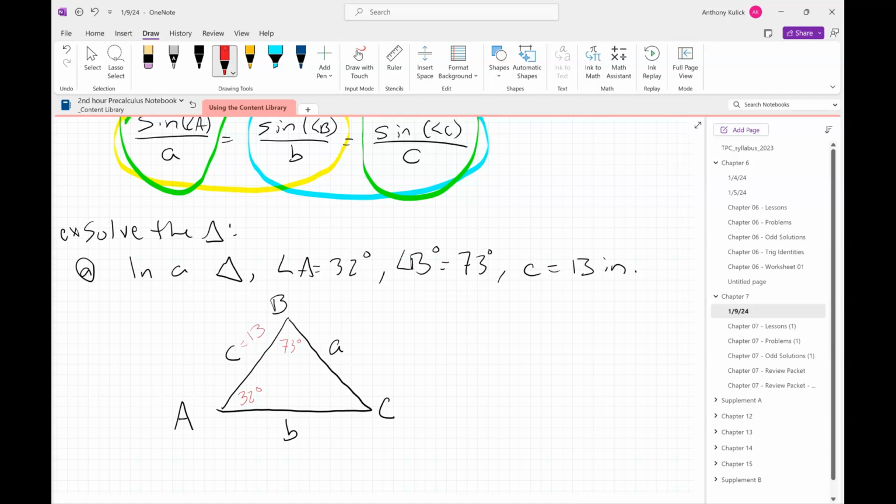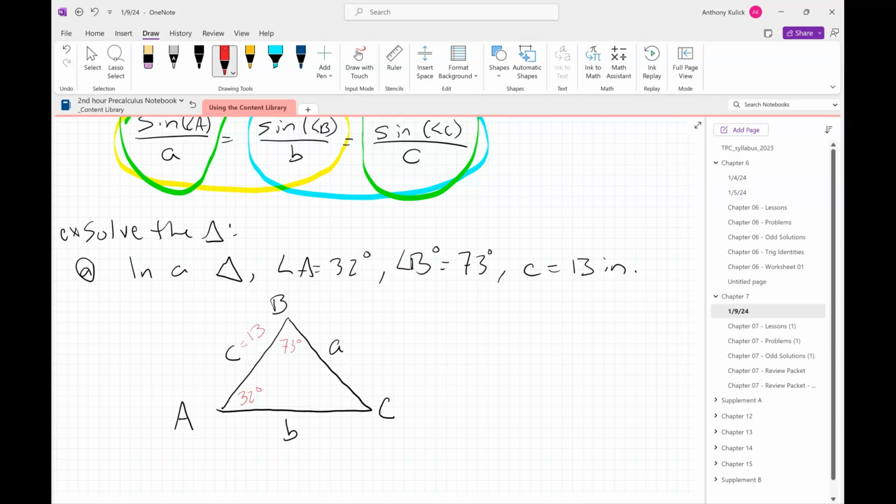Does everybody feel okay with how I've added the measurements? Now I'm going to ask myself, which situation is this? Is this angle, side, angle, angle, angle, side, side, angle, side, side, side, angle, side, side, side? Which one of the 6 possibilities is this?